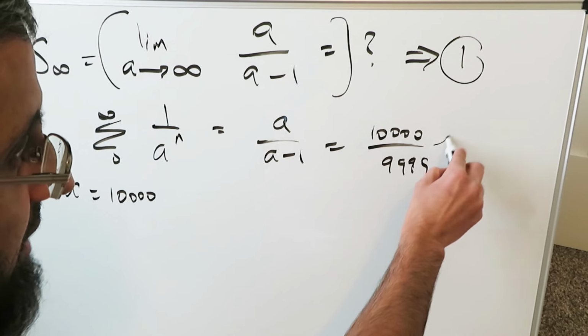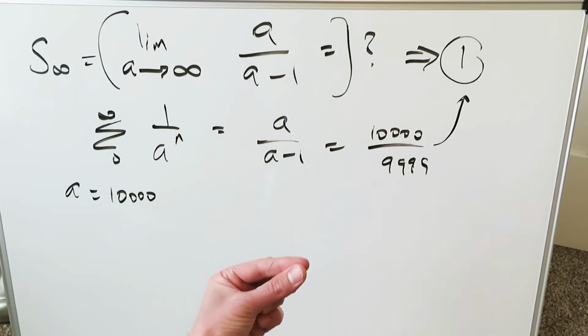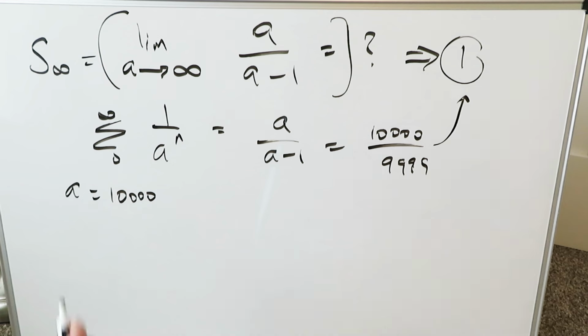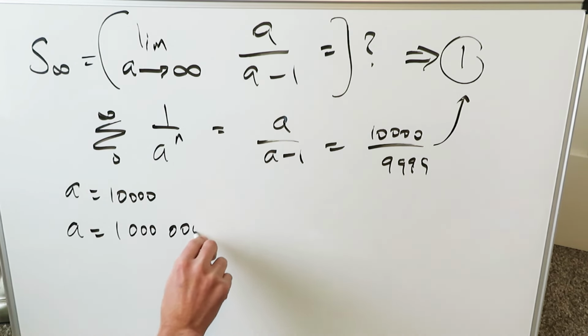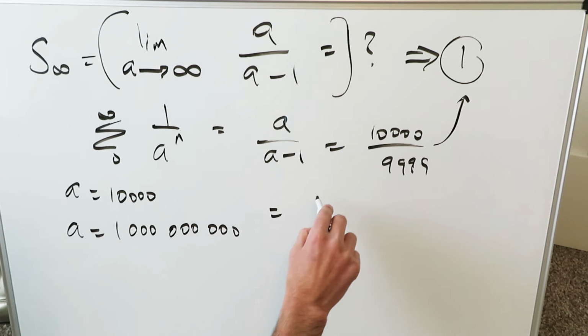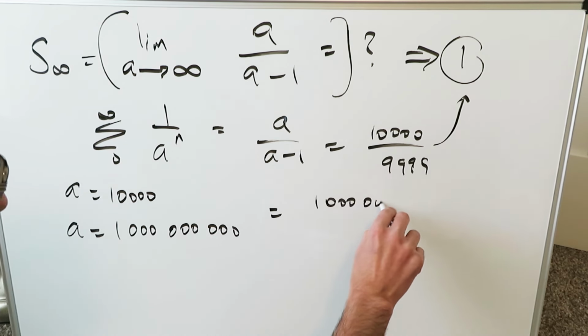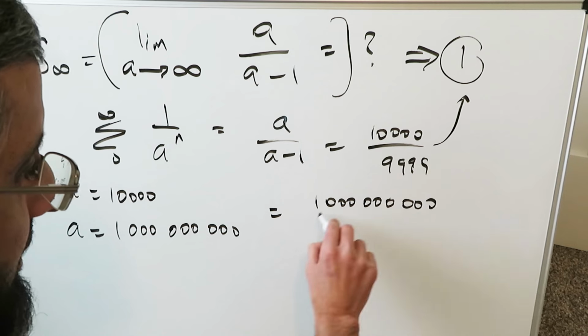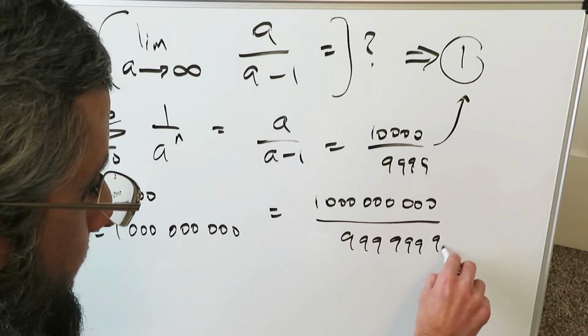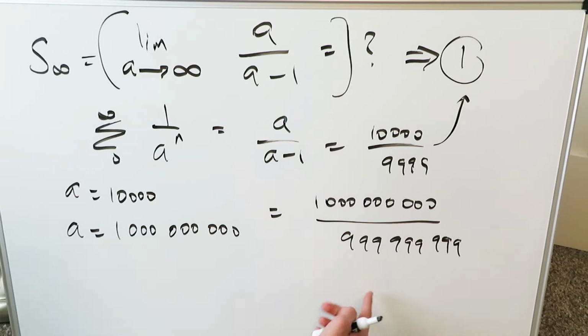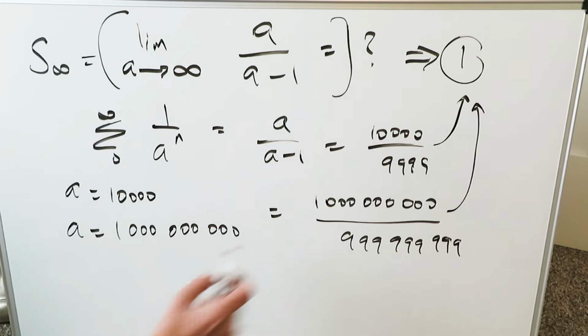Do this computation, you'll have a value very close to 1. You'll be a few decimal places away, but you'll be very close. Imagine what happens if I put a billion here. Now what am I going to have in terms of this formula? I'll have a billion on the top, and in the denominator I'll have 999,999,999. Do this computation, you'll be extremely close to 1.